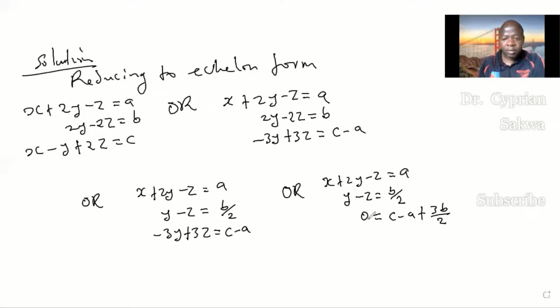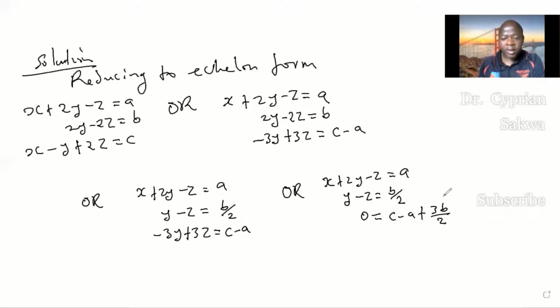When we check the echelon form of that system, you notice that on the left side we have a 0 and on the right side we have c minus a plus 3b out of 2. What we said in our earlier video is that if this right hand side is also 0, so that we have 0 equals 0, then this system would have a solution.